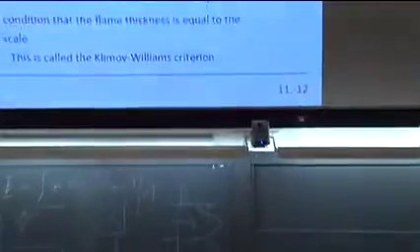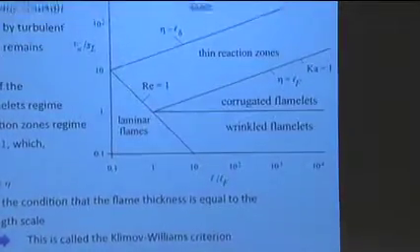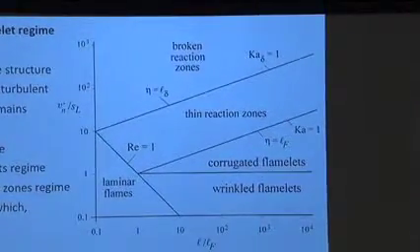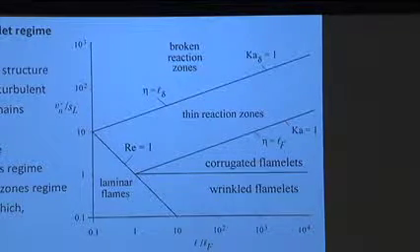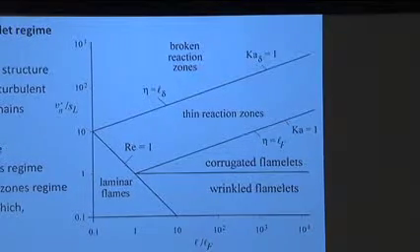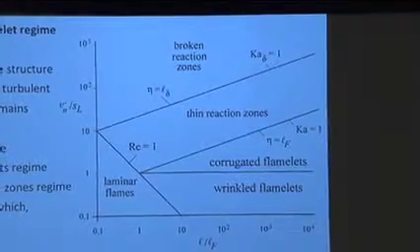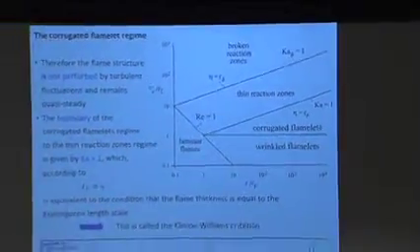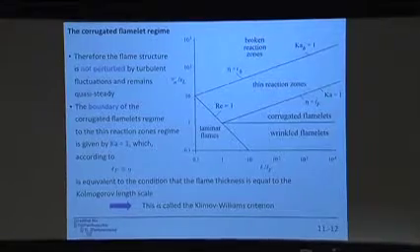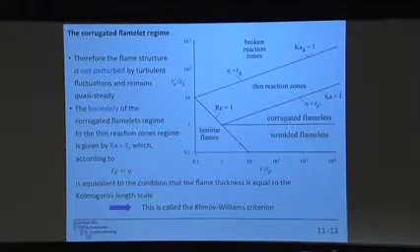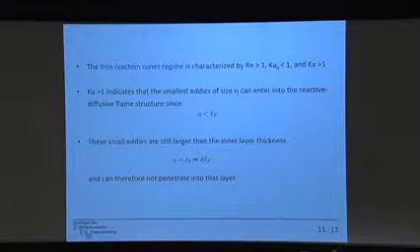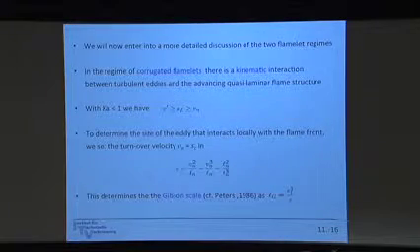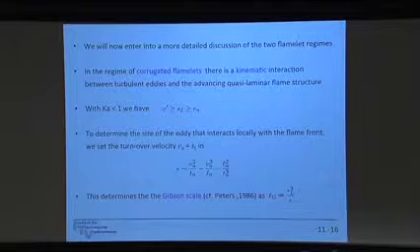It's the length scale of the turbulent eddy where v prime is just equal to S_L. If the turbulence becomes of smaller length scale, or becomes slower, then it can't do anything.